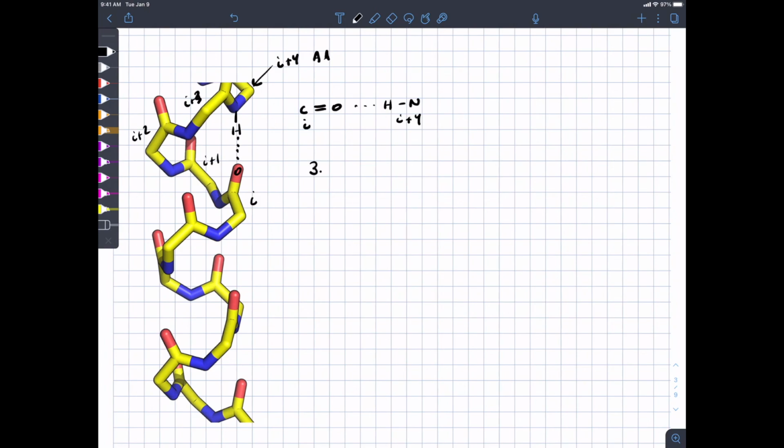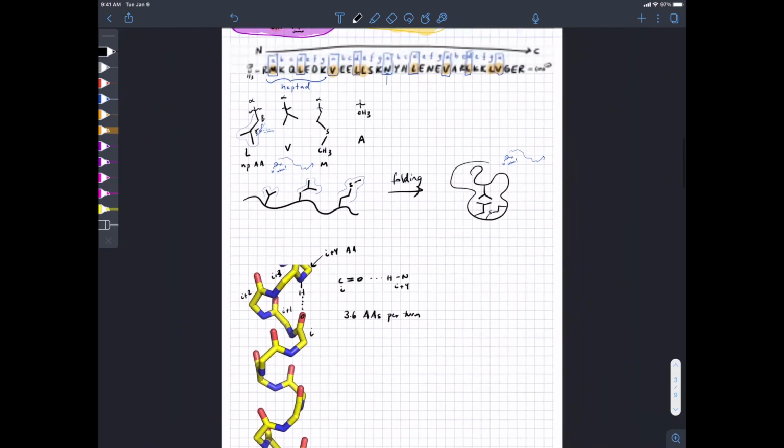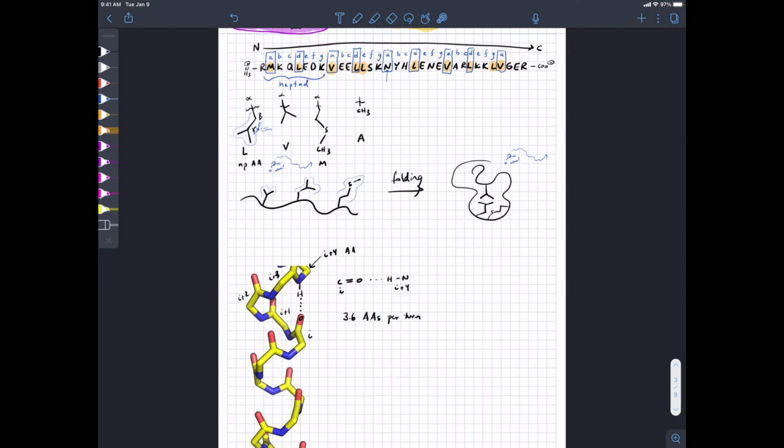It has about 3.6 amino acids per turn. Now that is interesting because we've got 7 amino acids in this sequence. So we could fit probably one of those 7 amino acid sequences within about 2 turns of a helix.